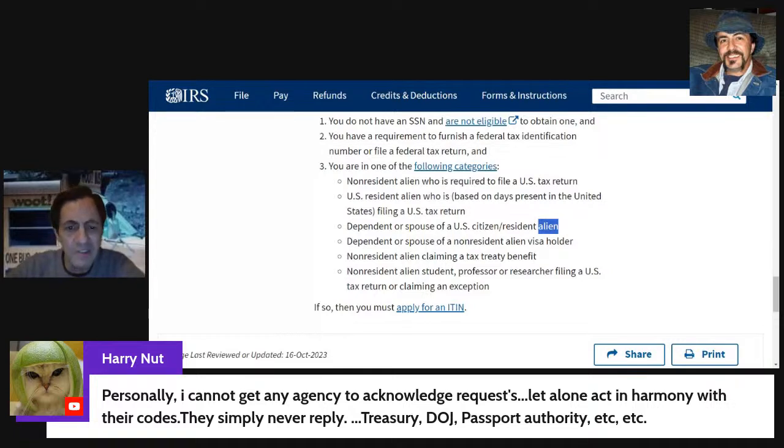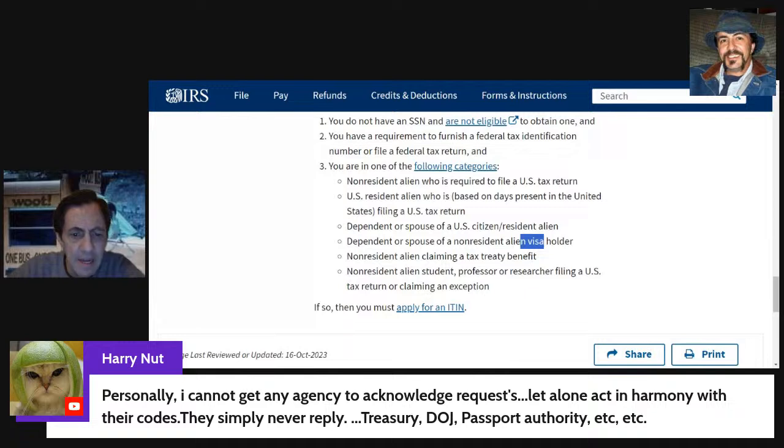Dependent or spouse of non-resident alien visa holder. You know what visa is? Invitation. That's a communication in private where you have permission from a foreign culture to come visit, teach your affairs, and learn from theirs. It's called itinerant.